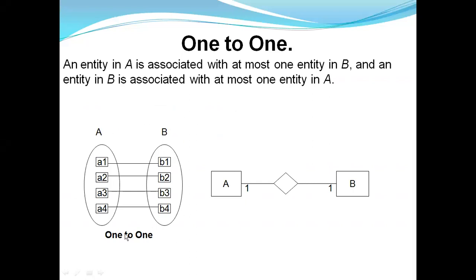Simply, here you can see entity A, entity B. A1 is related only with B1. A2 related only with B2. Same up till A4. So here we can say A is related with B with a cardinality of 1 to 1.